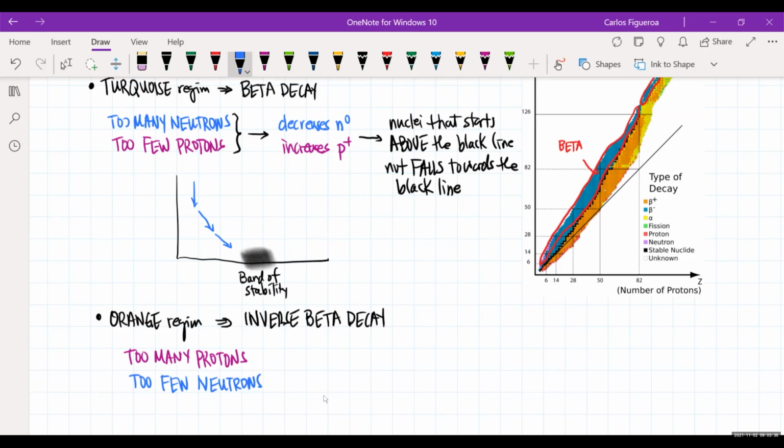So you see that these guys are below the band. When you have an inverse beta decay, what does it do? It decreases protons, but at the same time, it increases neutrons. So this orange region right here is the region of inverse beta.